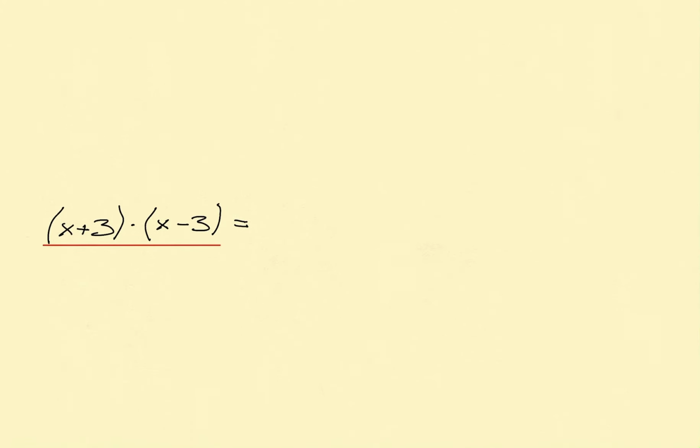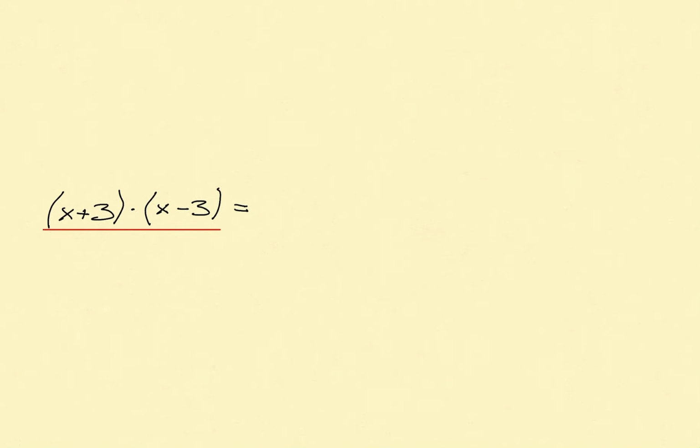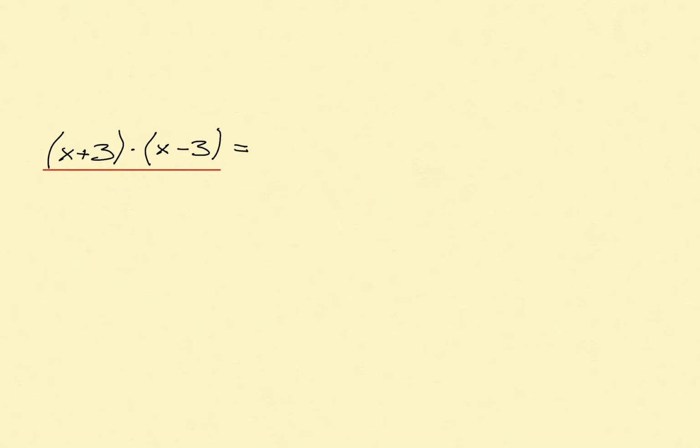And for our last example, we've got something similar to this, but instead we cannot square one of these because they are not exactly the same. One of them is x plus 3, so both of them are positive values, and for the second one, one is positive, the other one is negative.